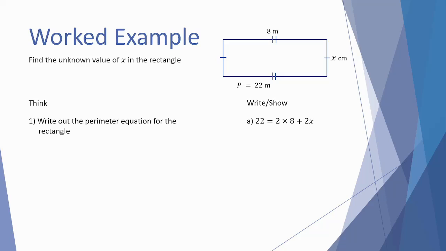Now I'm going to use a little bit of algebra here and rearrange and solve for x. What that means is I put x on one side and I have the rest of the equation the other side. Now I've rearranged my equation here. So I've got x equals (22 minus 2 times 8) divided by 2. Now I could type this into my calculator, or I could work this out manually, and I'll work this out manually.